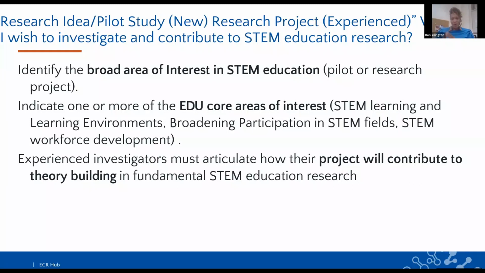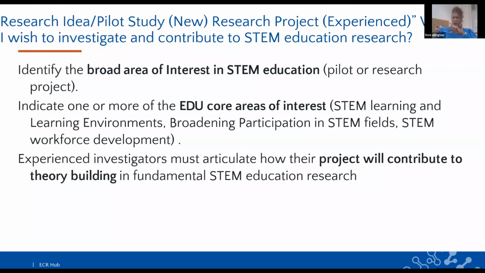We would consider you new. Then there are those of us who have done STEM education research, but we may be focused on one kind of methodology, or we've done certain types of research, but we have some experience in doing STEM education research, and we would be more considered experienced, but you still want to broaden your capacity.